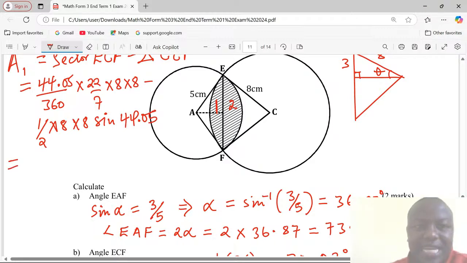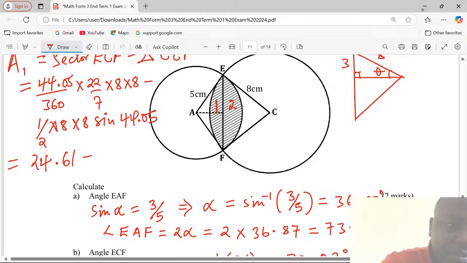From the sector, 44.05 divided by 360, I multiply by 22/7 multiplied by 8 squared, which is 64. I'll be having 24.61. Then I subtract half 64 sine of 44.05. So I'm having 22.25.